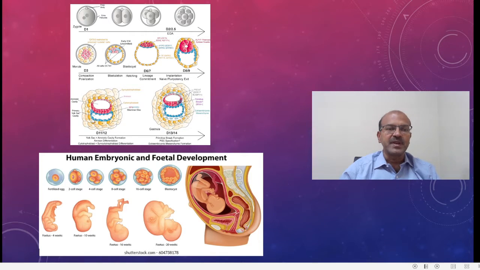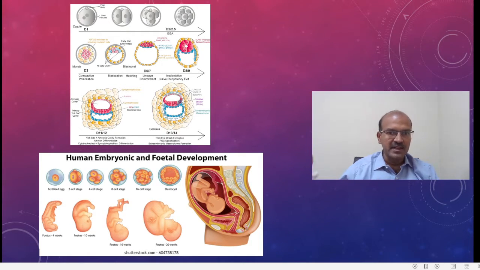And after the morula, there is a yolk sac formation, the blastocyst and the blastomere. So the central space is the primary yolk sac cavity, and we have the main groups of cells which lead to different forms of the body, different areas of the body. So the inner lining forms the endoderm, the middle lining becomes mesoderm, and the external lining becomes the ectoderm. So we have parts of the body derived from each of these.